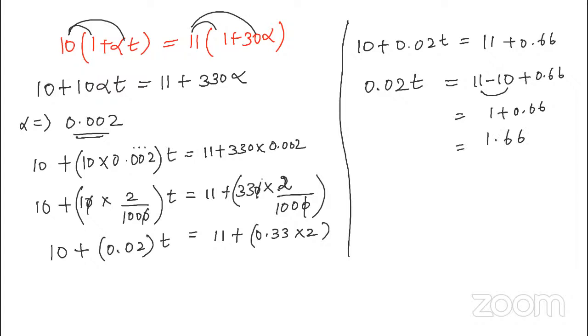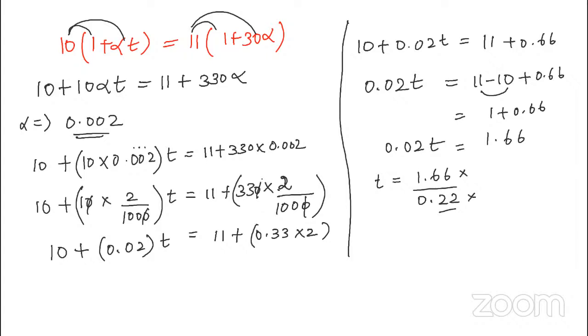So 0.02 into t. Then the value of t should be equal to 1.66 divided by 0.02. So here we have to notice that the point has 2 digits. Okay, here also it is 2 digits. So we are just cancelling the decimal points.